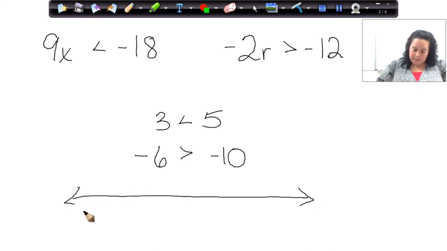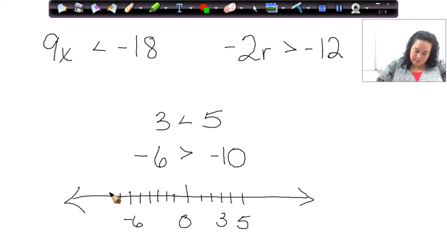So let's look at a graph real quick. We have 0, 1, 2, 3, 4, 5, and then -6 and -10 on the other side. Look how 3 is less than 5. It's to the left of 5, but -10 is to the left of -6. So -6 is greater than -10.